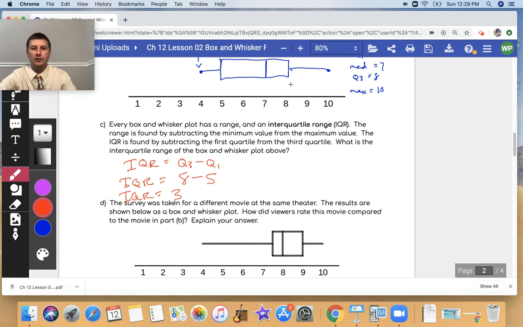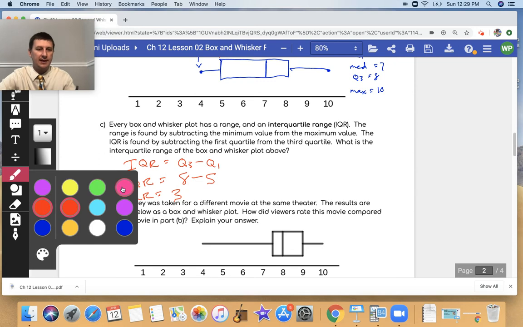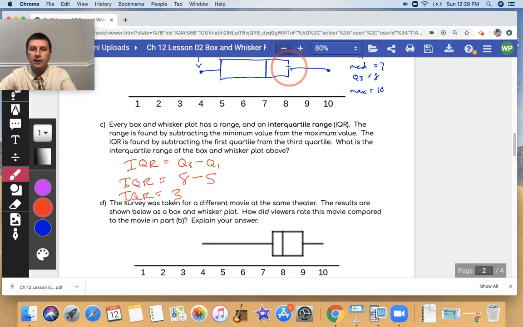So let's take that measure right there. So this is our third quartile, which means that 25% of the people surveyed said it was an 8 or above, while 50% of the people down here said it was an 8 or above. So I'd say that this movie down here was a better movie according to the viewers than this movie down here.